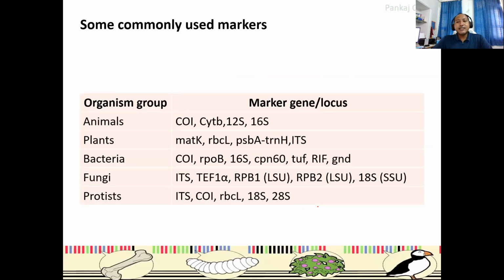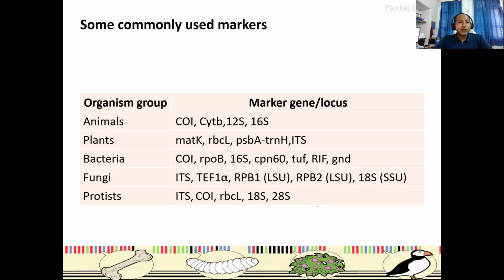So, some commonly used markers. In case of animals, as I have already told you, cytochrome C oxidase 1 gene is the most popular. Then cytochrome B is also there, 12S rRNA gene, 16S rRNA gene. Then in case of plants, MATK, Rubisco large unit, then PSBA-trnH intergenic spacer. Then ITS, internal transcribed spacer.